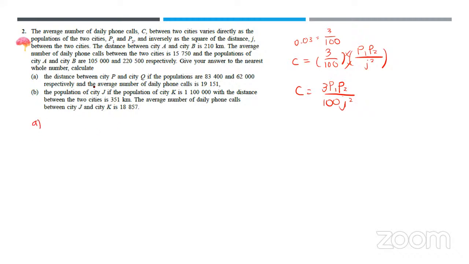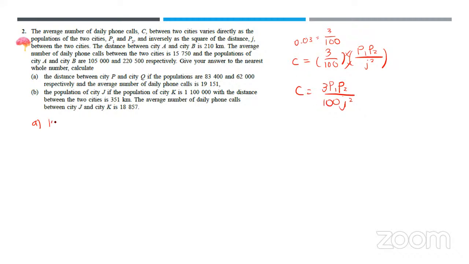So now let's look at A. Okay, they want you to find the distance. So you're going to have to rearrange this equation a bit. You don't have to, but I prefer to do it that way. To rearrange the equation, we need to express J in terms of all the other variables, right?